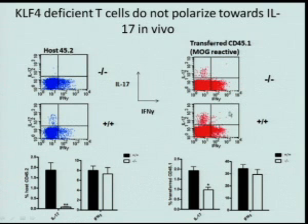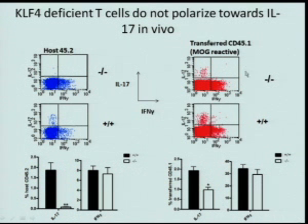And what we found was that the transferred CD45.1 MOG reactive cells, when transferred into wild type hosts, made gamma interferon and IL-17, and the host also made gamma interferon and IL-17.